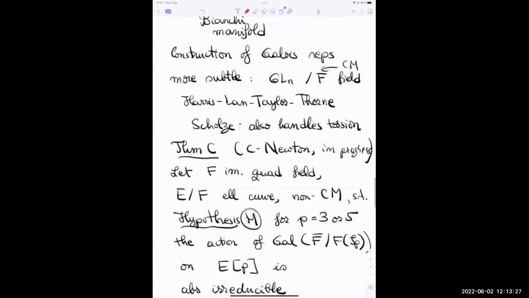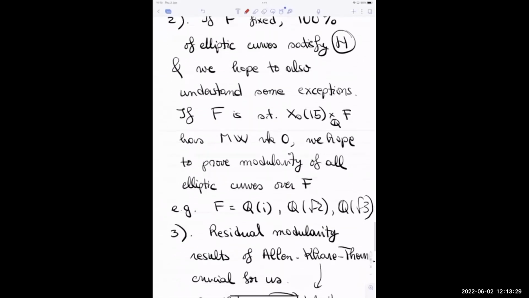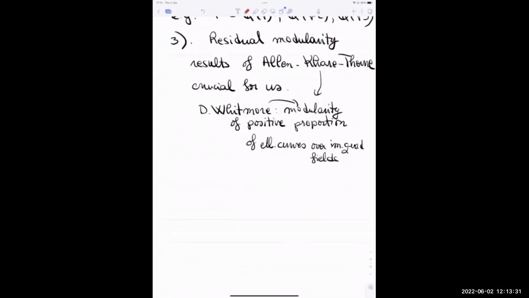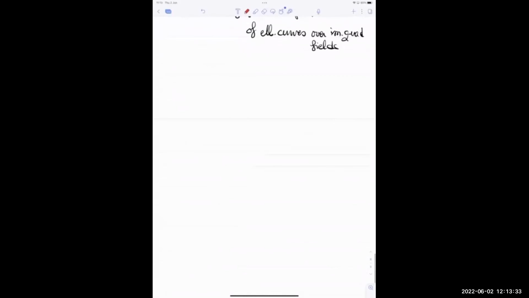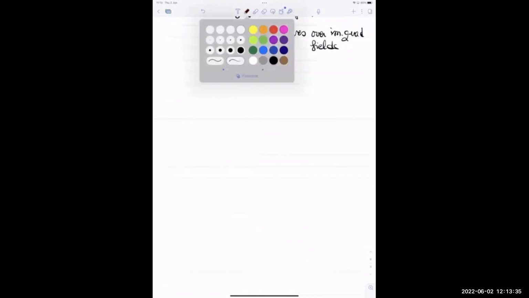Okay, so for my remaining time, there are two things that I want to say. One is, what's the key new idea for doing step 1?